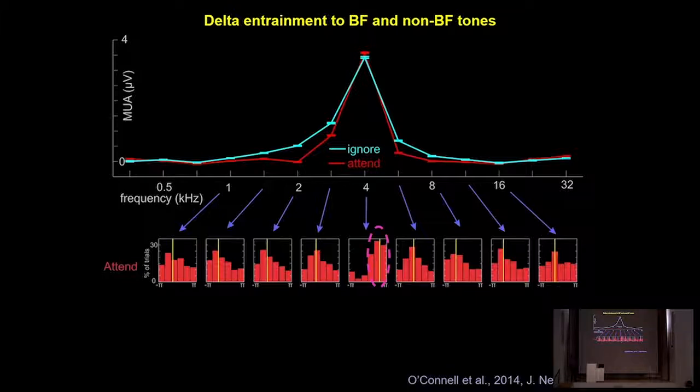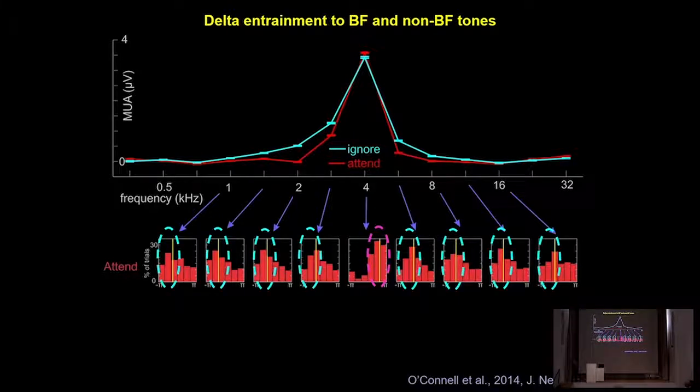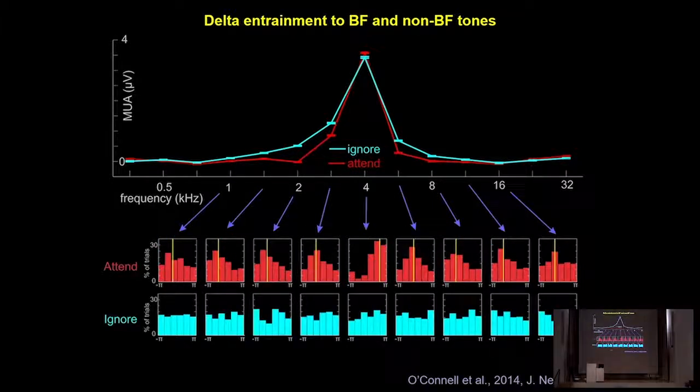What you can see is that when the attended frequency matched the best frequency, the tuning properties of the recording site, delta oscillatory phases were biased towards the negative, while in all other cases, they were biased towards the positive peak. So this shows that delta oscillations are entrained to the high excitability phase if they match the tuning properties of the recording site, while if they don't, then they are entrained to opposite phases.